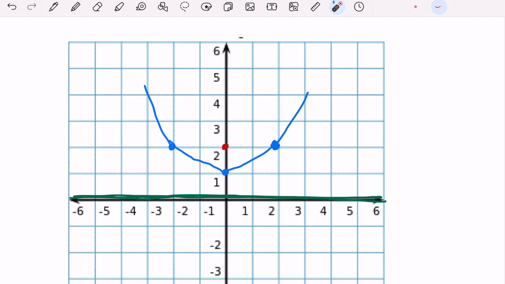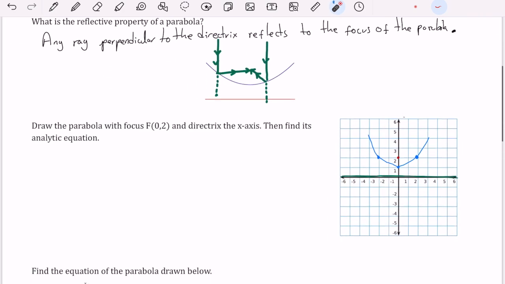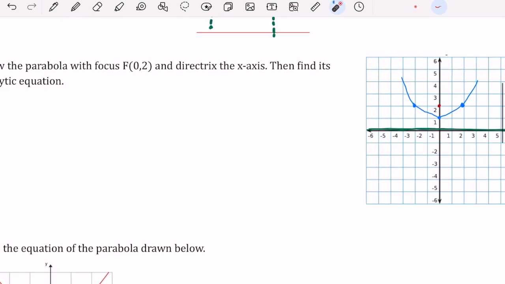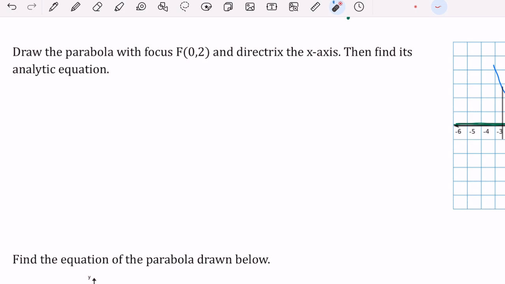Now we're going to go for the tough part of the class. The tough part of the class is to find the analytic equation. So what does that mean? Maybe I should have written down an equation here.